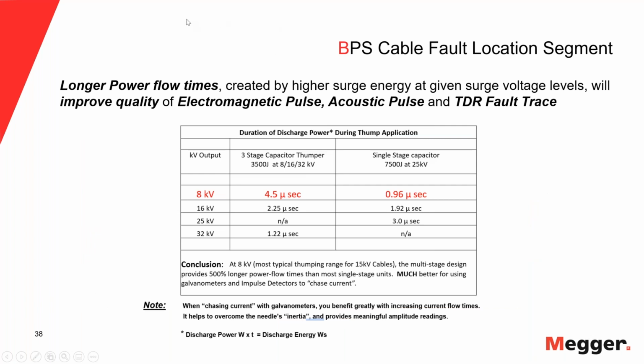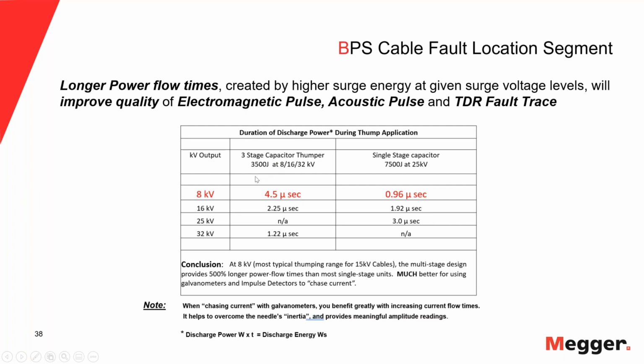It's energy. The energy is the same, but if the voltage changes, something else has to change. Energy is watt seconds, which means volts, amps, seconds. It's like the kilowatt hours you buy from the utility, so it's electric power times time. Even though the energy is the same, the time that the power flows is longer at the lower voltage. You can see here, if I go 8 kV at 3,500 joules, I have 4.5 microseconds.